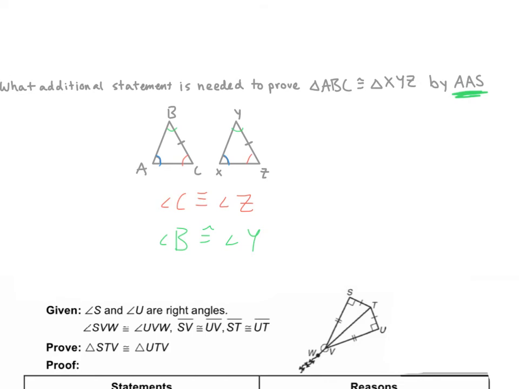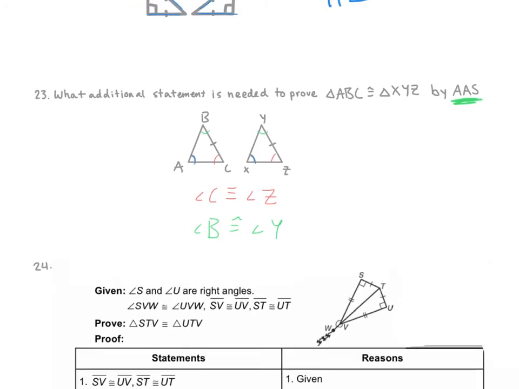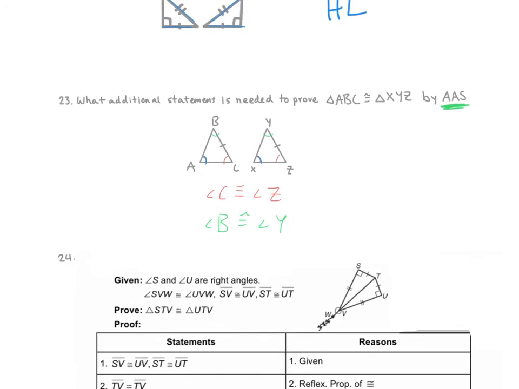We're not assuming that these are congruent, we are just saying that we need this in order to prove that these triangles are congruent. Can't you say that you're not assuming them because it says that the triangles are congruent? Well, we're trying to prove that they're congruent. So in order to prove they're congruent, we either need to know that B is congruent to Y or that C is congruent to Z.